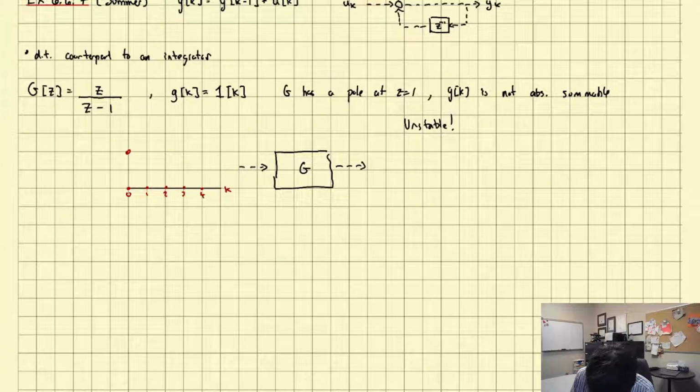So let's apply a step input. Well, what is the output? It's the sum of the inputs, right? So the output is going to be 0, 1, 2, 3, 4.